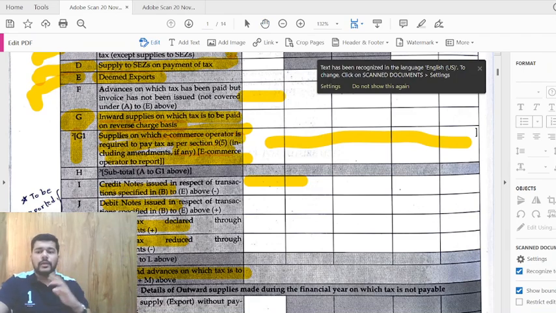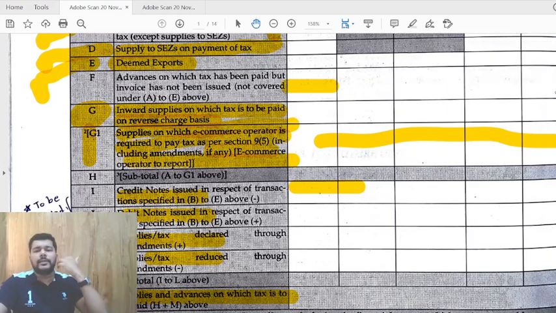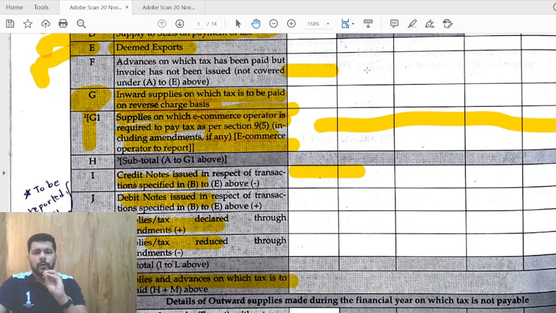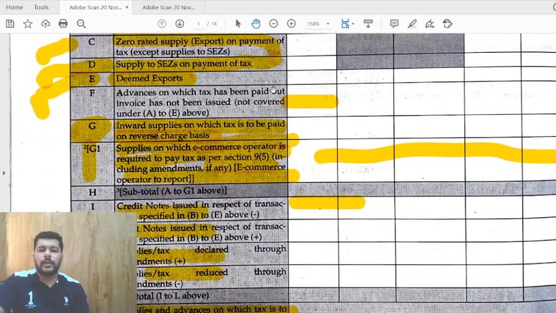There is no other advance amount that is going to be covered over here. Means if during the year you received an advance and that advance has been adjusted, then that advance amount will not come here. Purely only what is outstanding as on March 2024 which has not got adjusted, that will only be covered. So this is what we are reporting in table number 4.